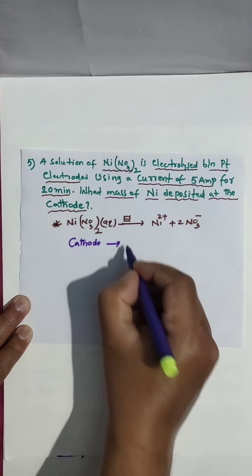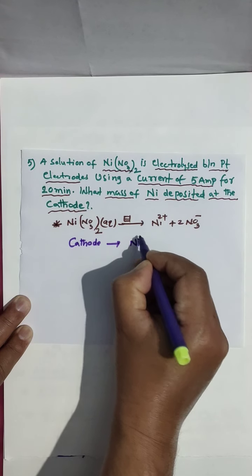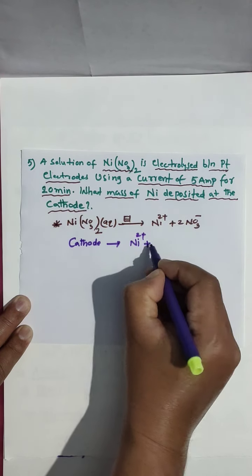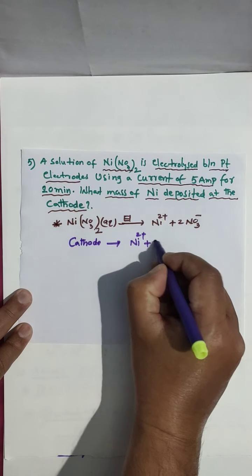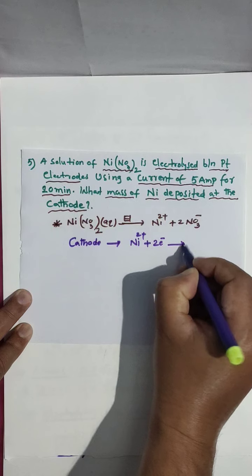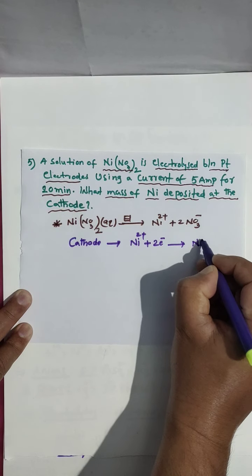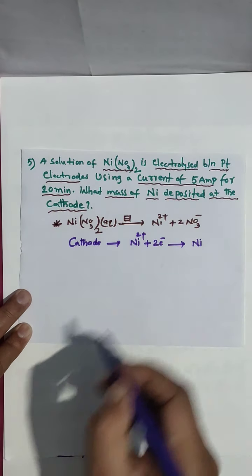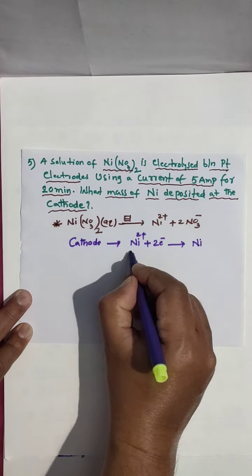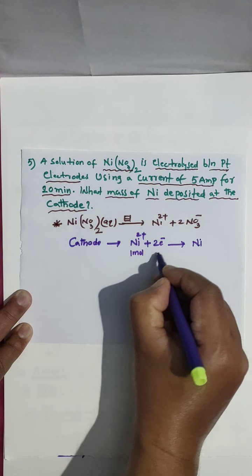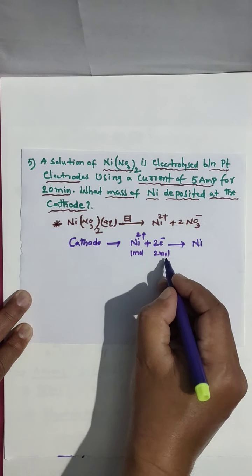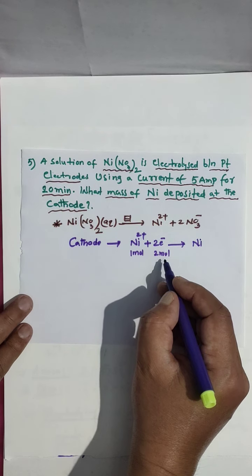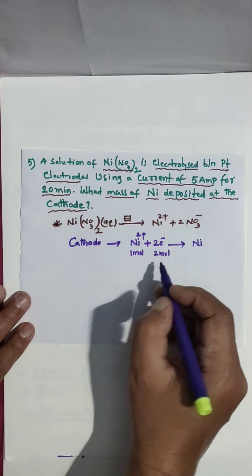At the cathode, the reaction is Ni2+ ions take 2 electrons, giving rise to Ni metal. So you take this as 1 mole and this as 2 moles. Clear? That means 1 mole Ni needs 2F.